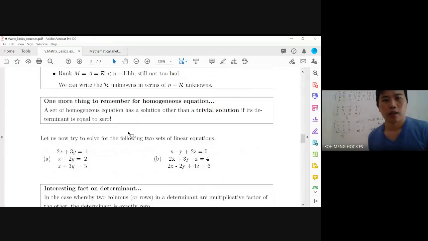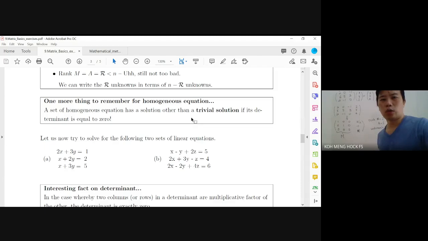Then I put another box here to mention the homogeneous equation. For a homogeneous equation, remember you have x plus y equals 0. The trivial solution is everything equals 0, so you don't have to solve anything. But for a homogeneous equation, you want a solution other than the trivial solution, because there's no fun in everything equals 0.